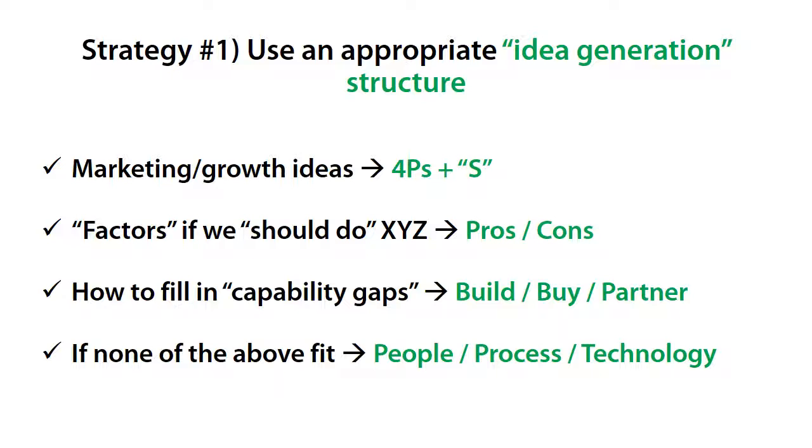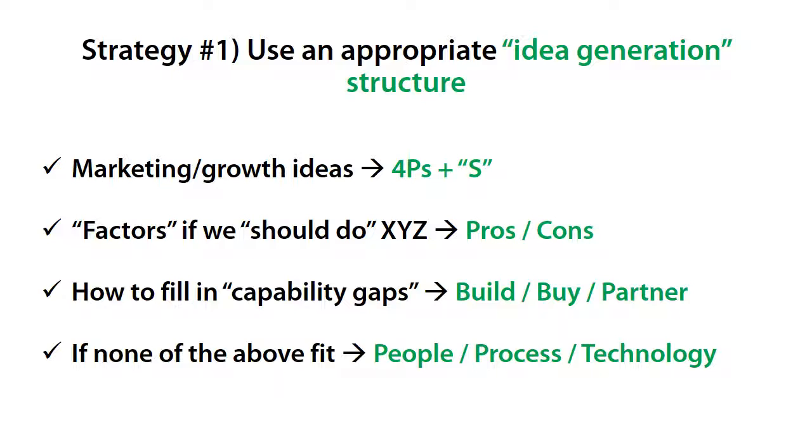So let's discuss the first strategy, using a relevant structure to help you generate ideas. Here are some common example structures that might help. Anything that's marketing or growth related could benefit from using the 4 P's plus S: product, pricing, placement, promotions, and then the often forgotten service. Now, if you're asked about factors that we should consider in doing anything, whatever that case context might be, a simple pro versus con framework could serve you well.